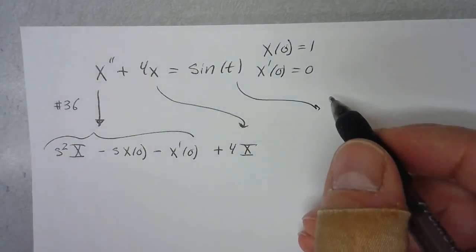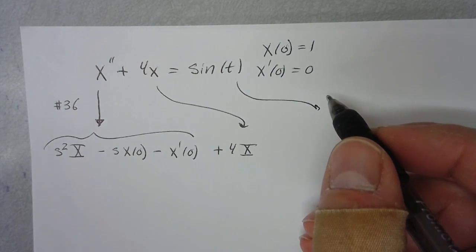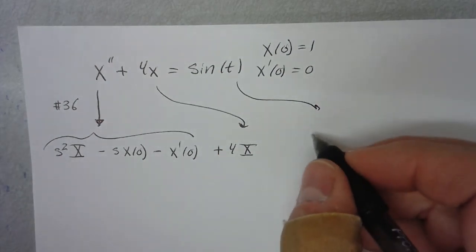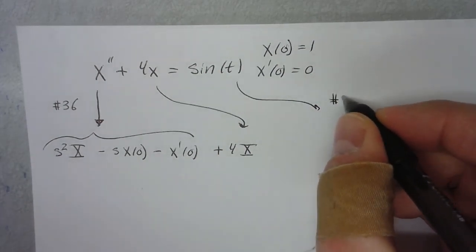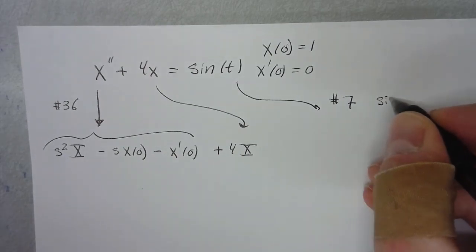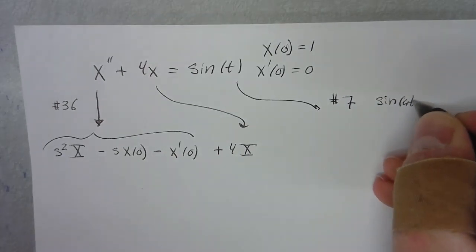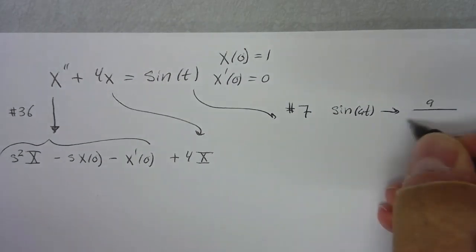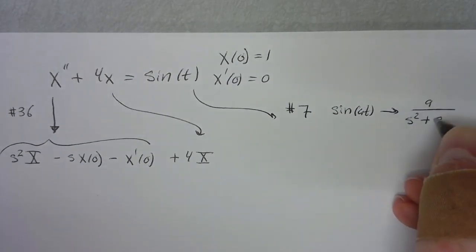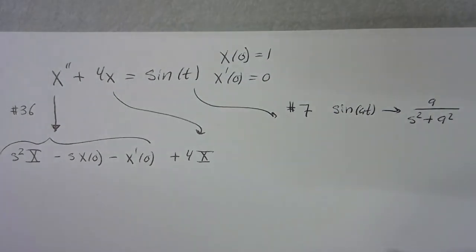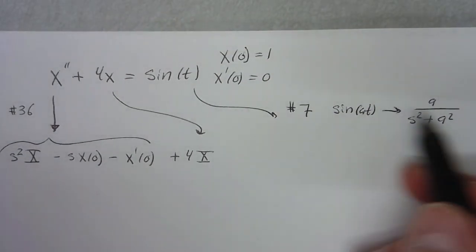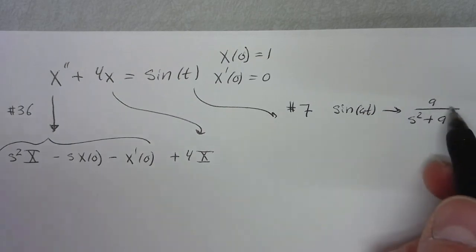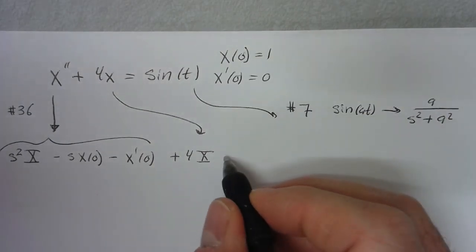Now sine, so we go look in the left-hand side for sine. I find one. It's number 7. It says that sine of at under the Laplace transform is a over s squared plus a squared. And it's pretty easy going to the right. It gets a little harder going back, as you'll see.